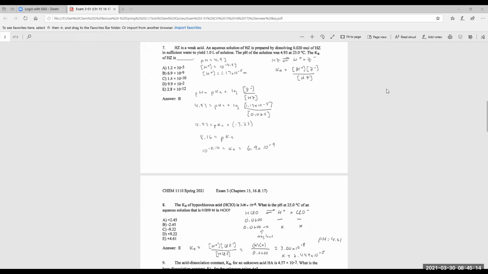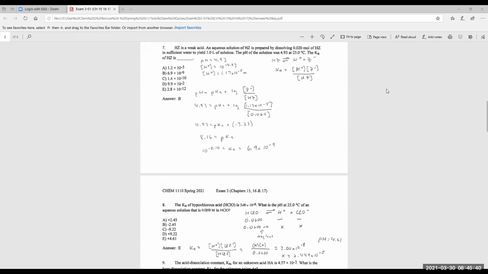We said that we wanted to get what Z minus is, and because of that dissociation reaction that we write, we see that we have 1 mole of Z minus for every mole of H plus. So that means that Z minus concentration is going to be the same as the hydrogen ion concentration.